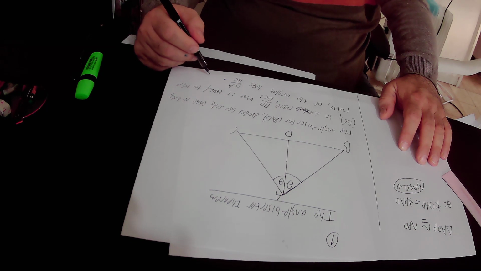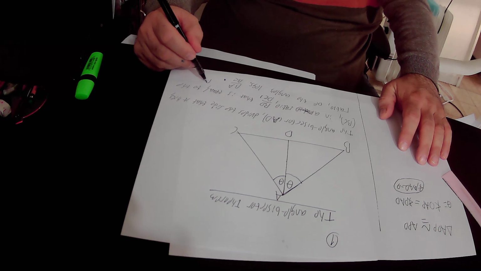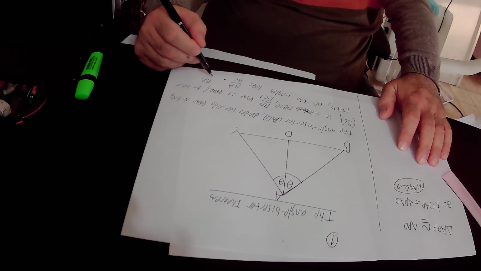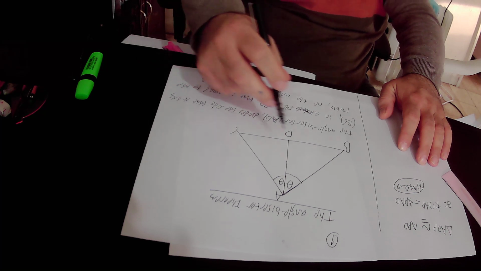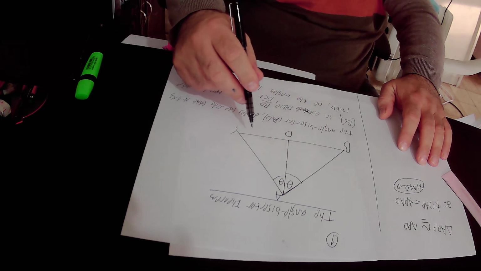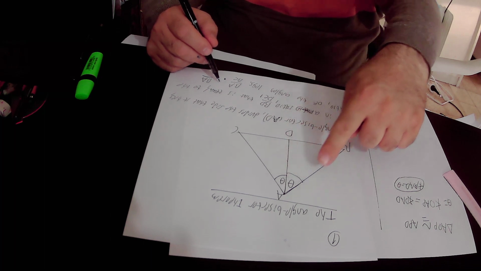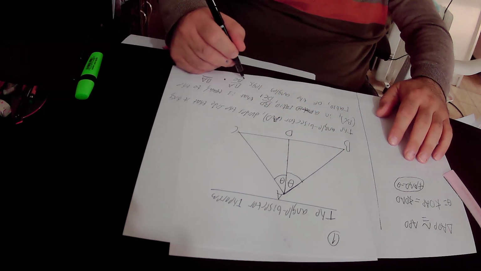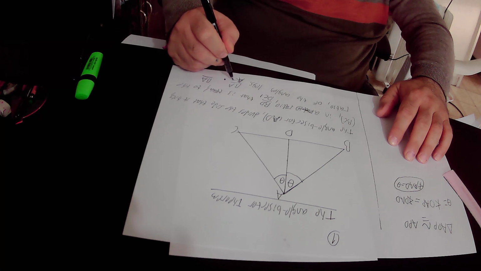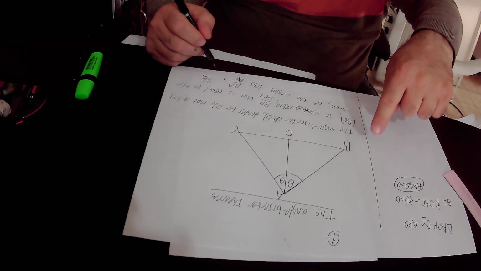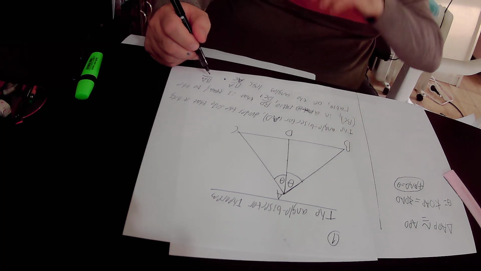Again, the ratio between the angle's legs is AB over AC.